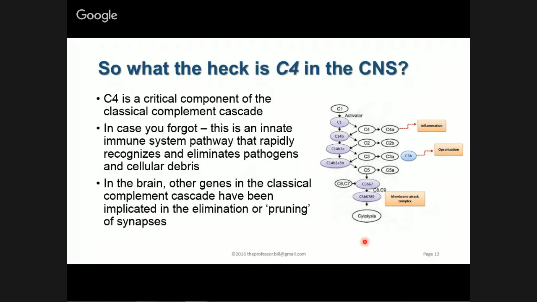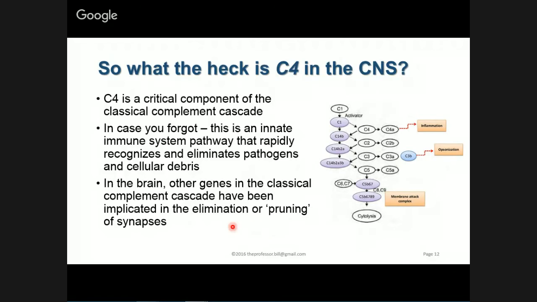However, when individuals went back and looked at what is going on in the brain, which is one of those compartments that tends to be immune privileged, it doesn't have the same sorts of immune cells floating around. It has microglial cells.